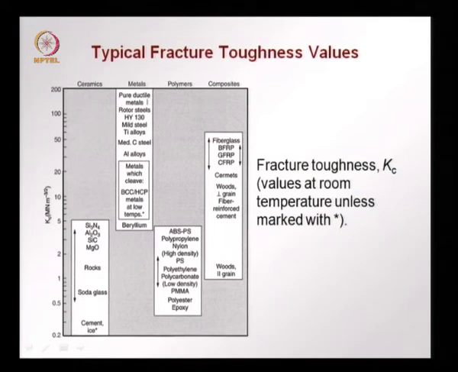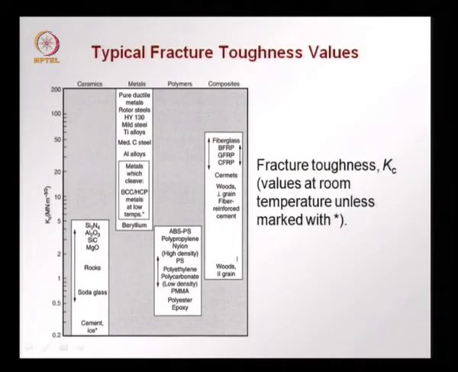Again at the bottom we have materials like epoxies which are very brittle. Slightly higher up would be other polymers which are not so brittle like polypropylene and nylon. In the middle we have composites and wood. Wood, parallel to grain, cracks more easily, that is, the grains separate.